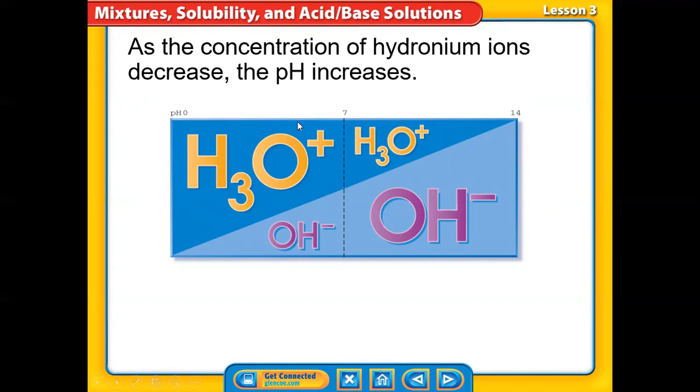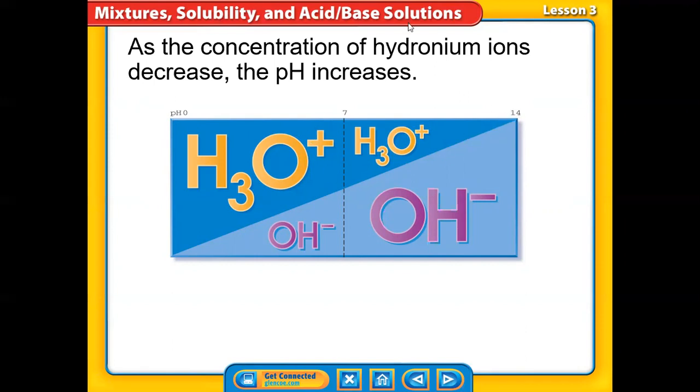That means as we move toward 0, the acidity increases, which means a stronger acid. While on the other side, as we move toward 14, the basic effect increases and the acidity decreases, which means the strongest acid is near 0, while the strongest base is near 14.